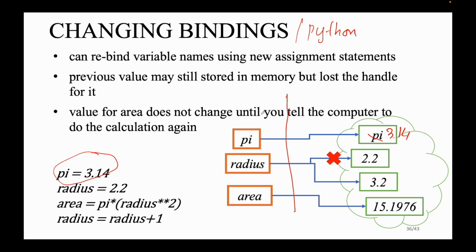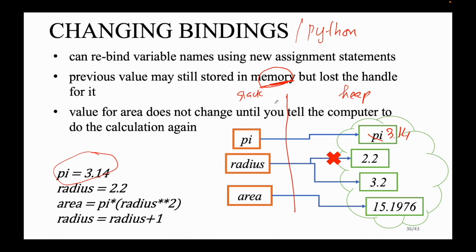All the variables and values are stored in computer memory, but computer memory has multiple locations. One of them we call stack memory, and the second one we call heap memory.